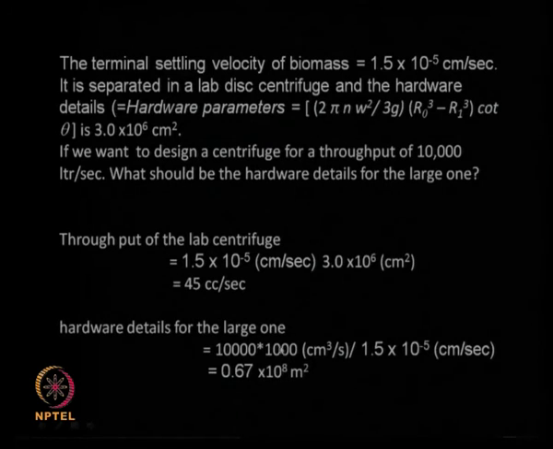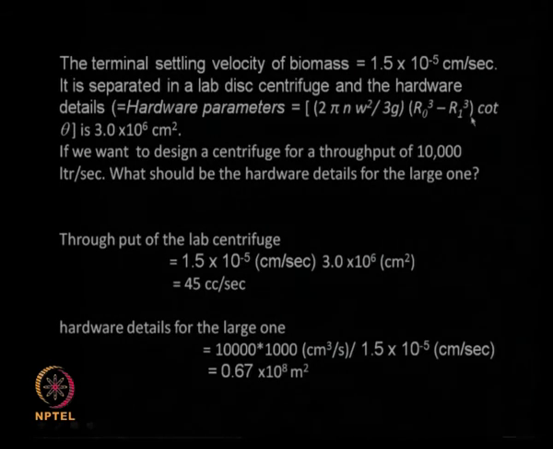Now how do you achieve this particular number for the hardware parameter? It can be achieved through so many terms here. It can be achieved through increasing the number of discs, through changing your inclination, that is theta, with respect to the central axis, or through changing the R0, understand. So that is left to you.